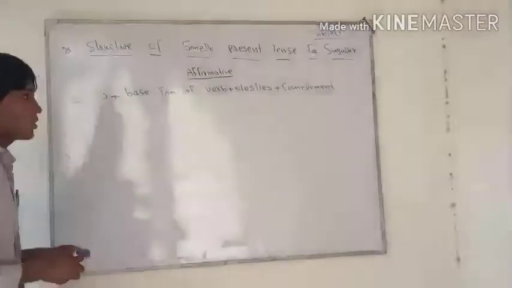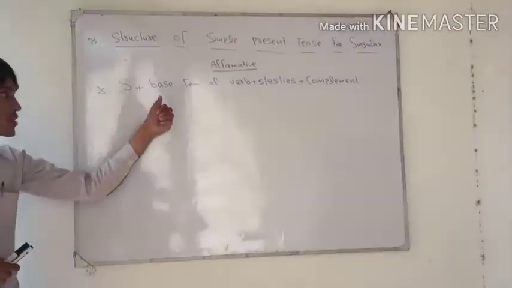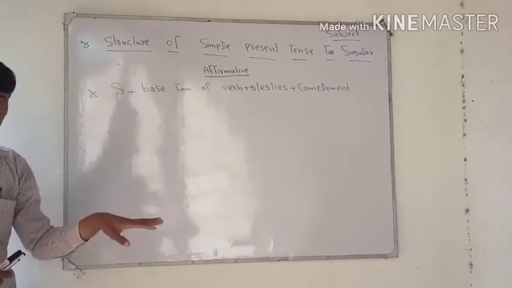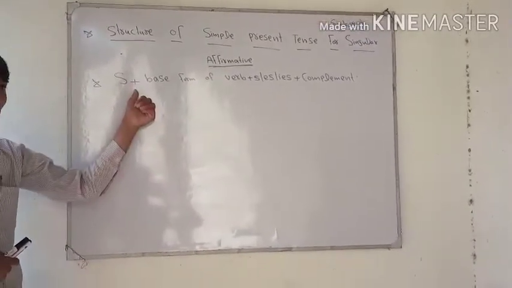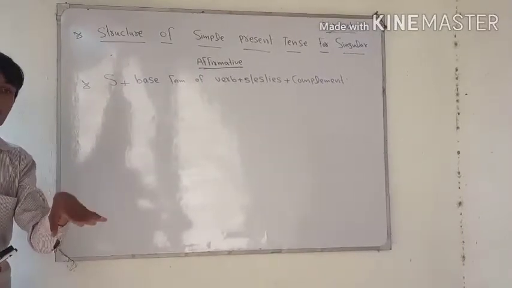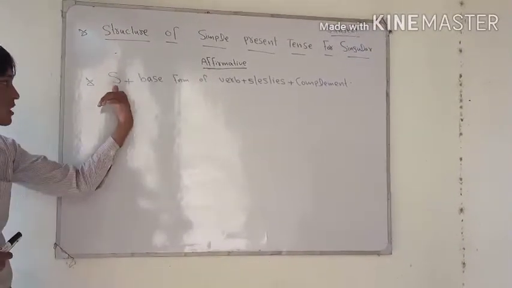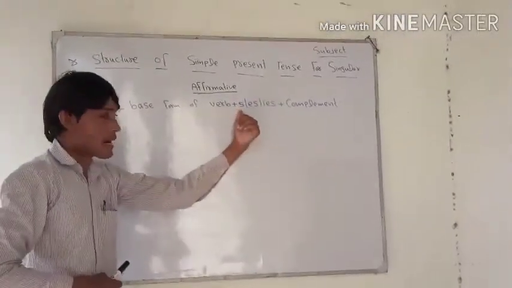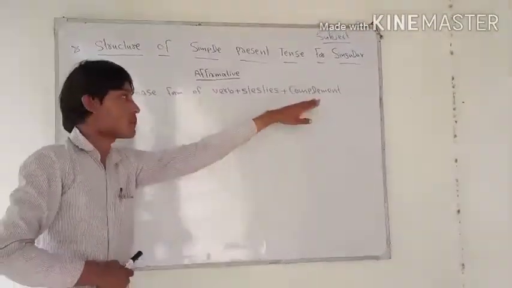This is the formula for the construction of simple present tense singular affirmative statements. If we know the formula, the construction is very easy. First subject, then the first form of the verb, followed by s, es, ies, plus complement.